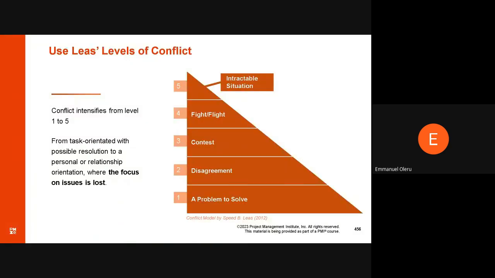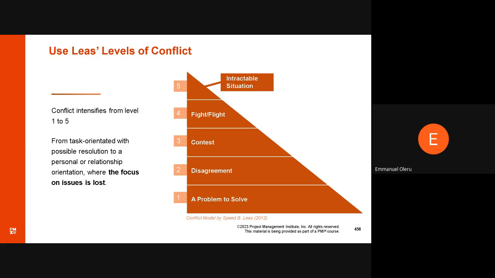In terms of conflict, right? You're trying to manage it now. The conflict may arise because your team keeps on executing, and there are 5 layers or five levels of conflict according to Speed B. Leas' model, right? From when there is a problem to solve, then there is a disagreement.